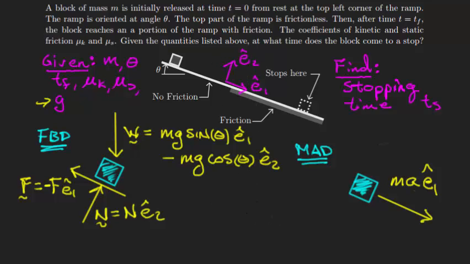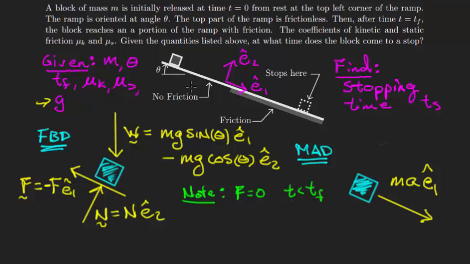Now, before we move on, I'd like to make a little comment about this friction force. So this friction force, F, I've just drawn it in here, but for part of the time there is no friction force. So I'll say F is 0 for time less than TF.